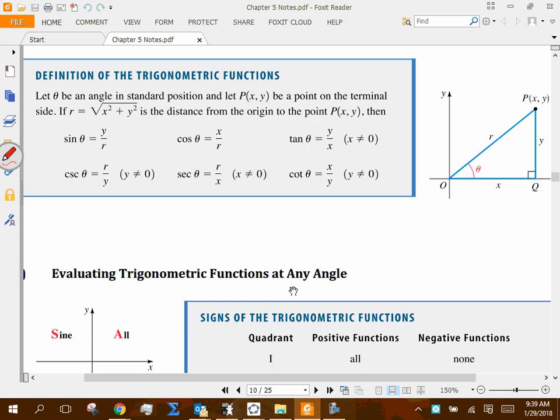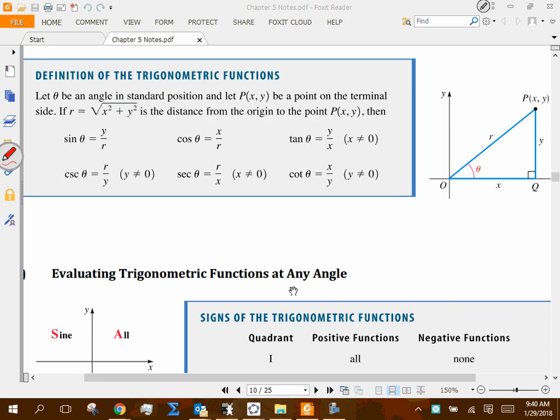But cosine, it's adjacent divided by hypotenuse. Here you see adjacent is x and hypotenuse is r, so it's x over r. Now, there are no restrictions on r there. If you see the other 4 ratios, they have restrictions on the denominator, right? Well, if r were 0, what's that tell you x and y were? They were 0 themselves, right? And if x and y are both 0, does my triangle exist?